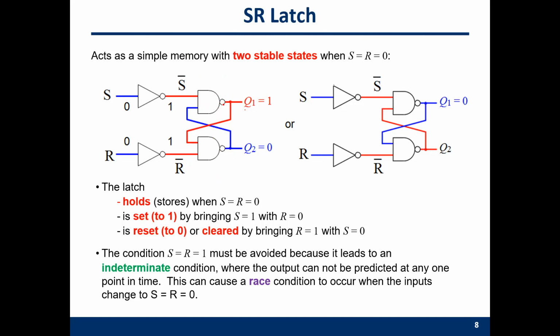And for this NAND, we need to make the complement of this result. So this is 1. This is a stable state. If this is 1, then 1 and 1 is still a 1. And we have a NOT here, and then this is a 0.